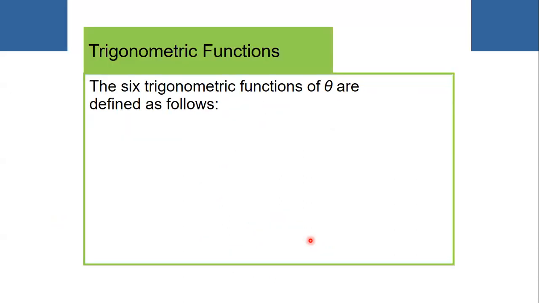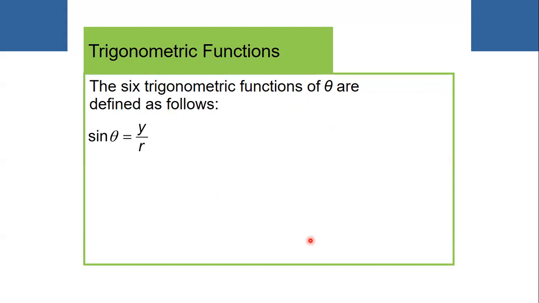Now, our trig functions, this is the first thing you're going to write. In geometry, you only learn sine, cosine, and tangent. However, there are six functions, and each one of them has a counterpart. First, sine. In terms of a coordinate plane, sine is y over r, and r stands for radius.